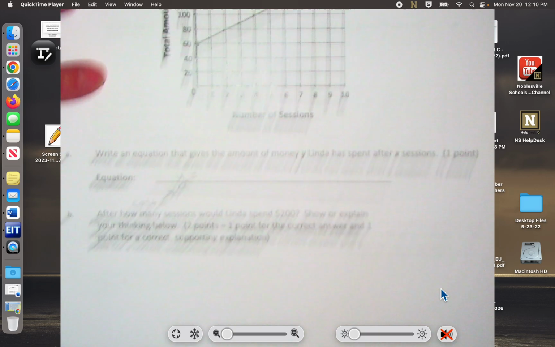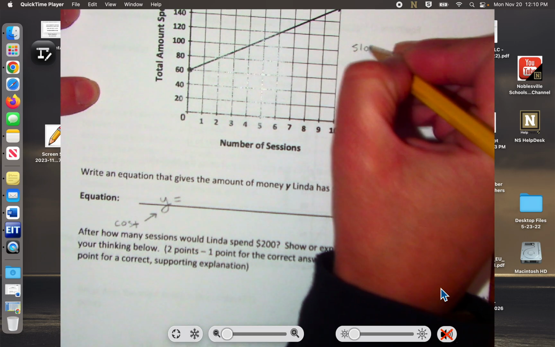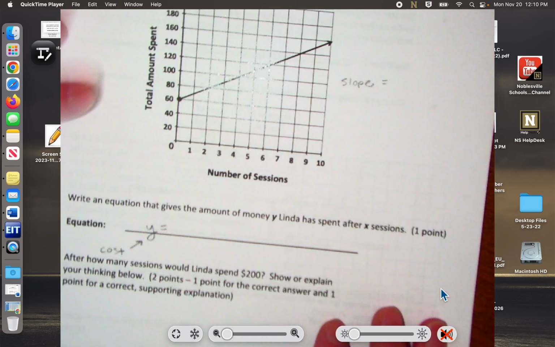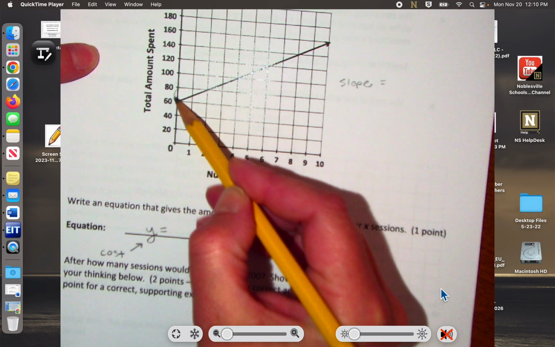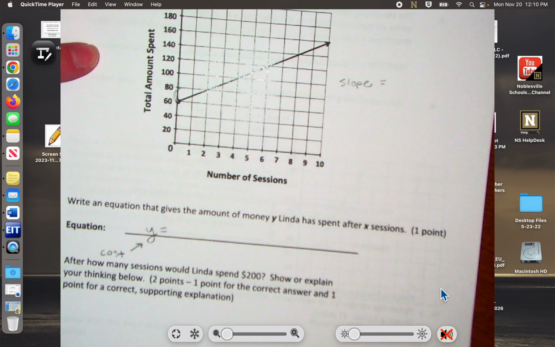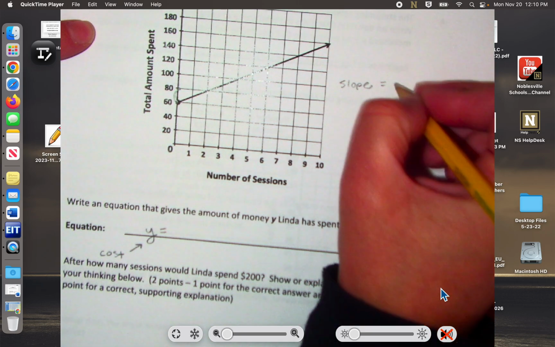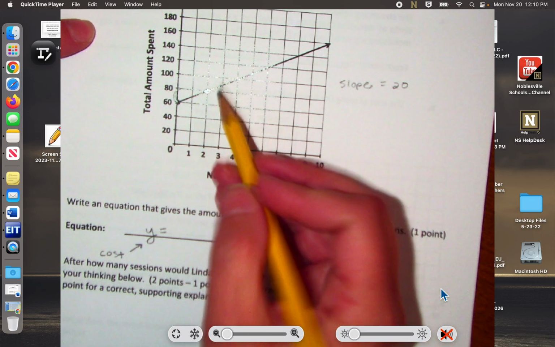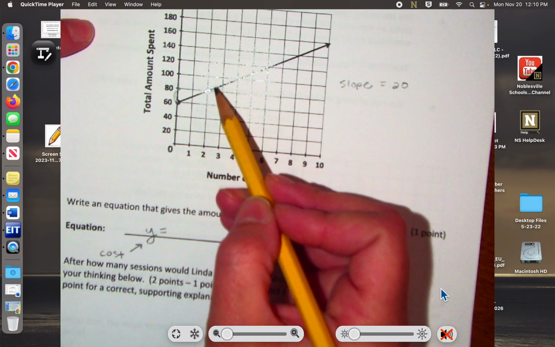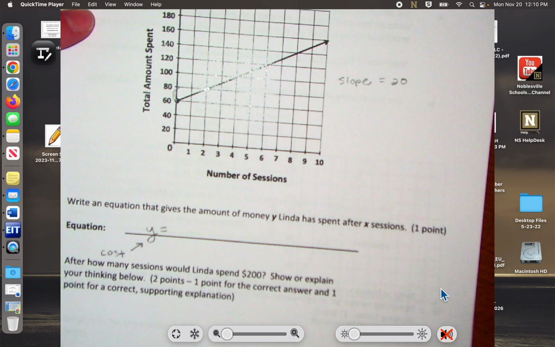Okay, so let's find the slope up here. What's my vertical increase? 20. And then if I'm going to go over to my next perfect intersection, it's $20 for how many visits? 2.